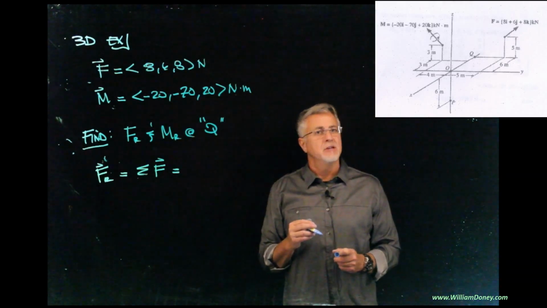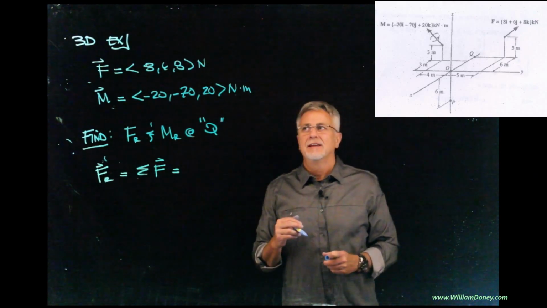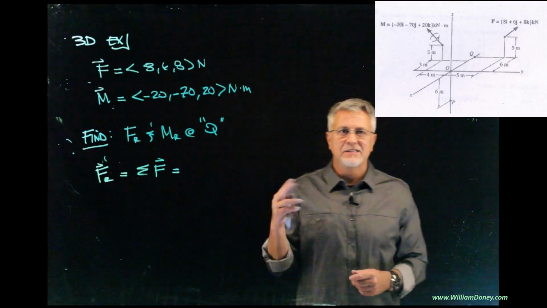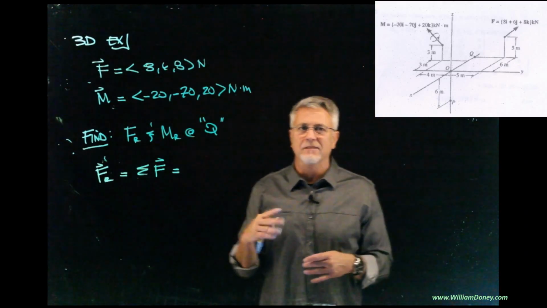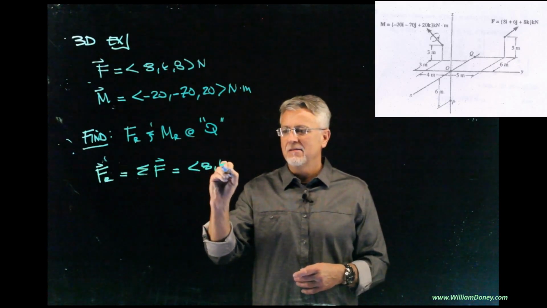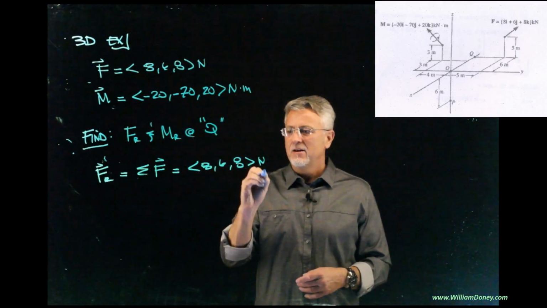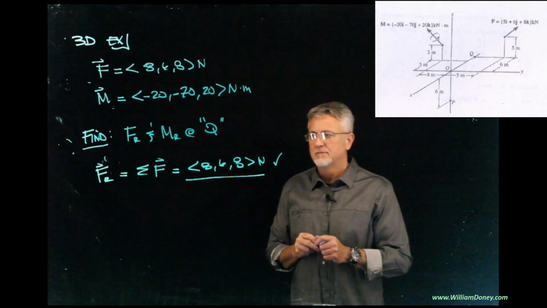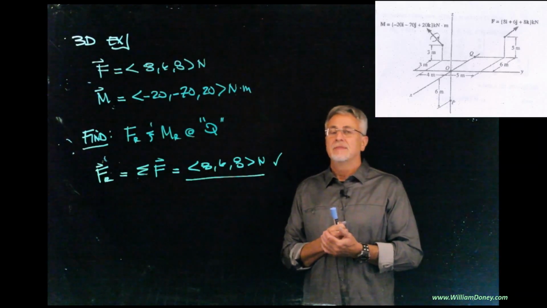Okay, this one's going to be tough. You ready for this? How many forces are acting in the problem? So when I sum all the forces, what am I going to get? That one force. I get the 8, 6, 8 newtons, done and done. That's my answer.